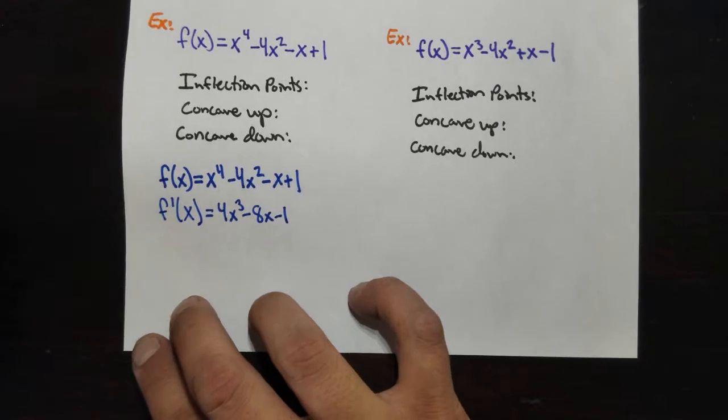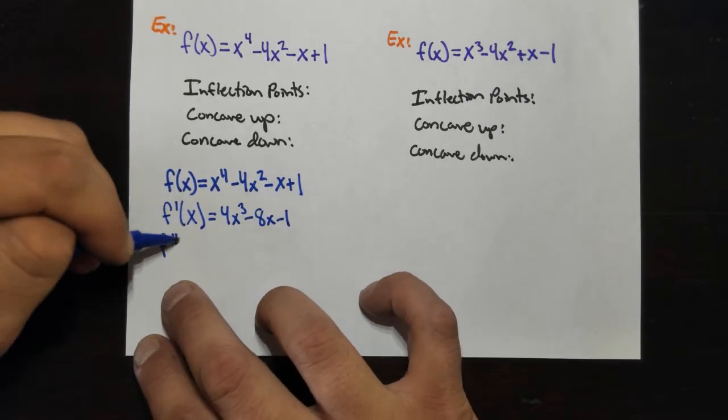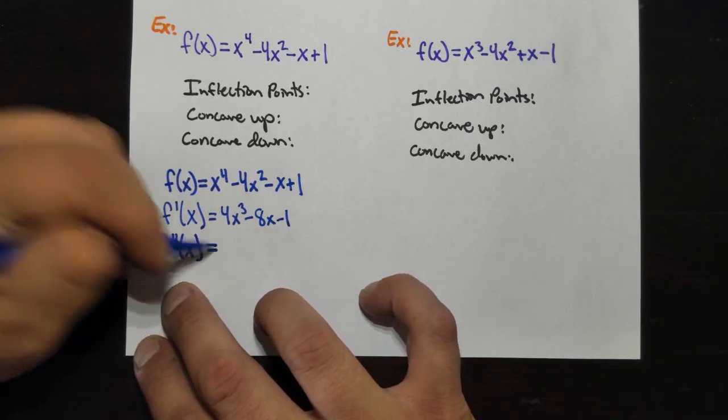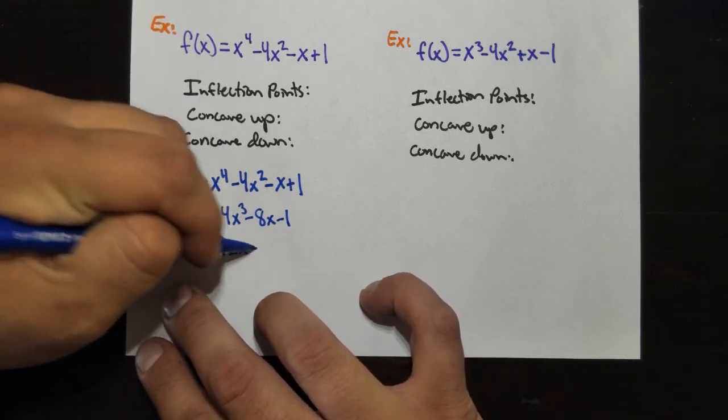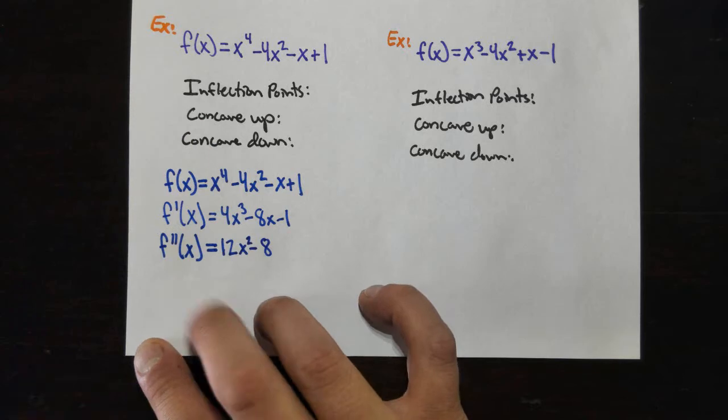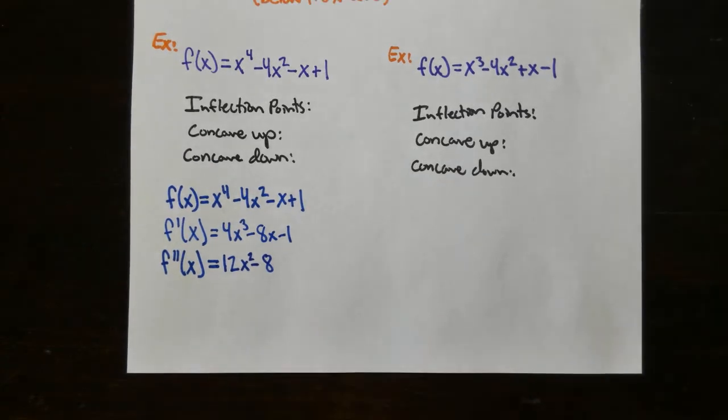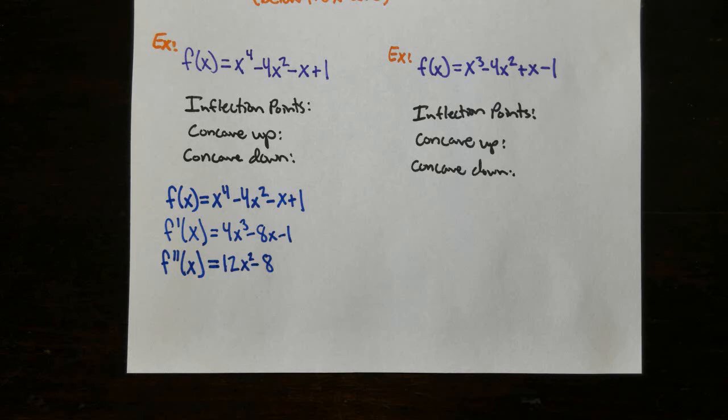And then the second derivative will just be taking the derivative again, so it's going to be 12x squared minus 8. Let's graph our second derivative and figure out where our inflection points are and where it's concave down and where it's concave up.